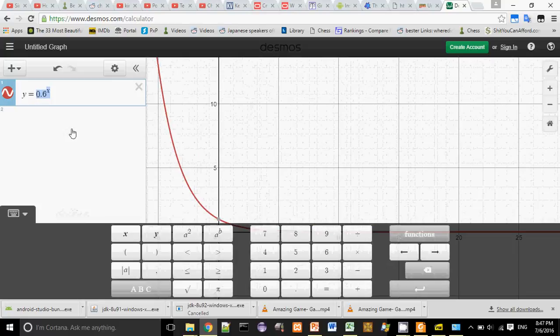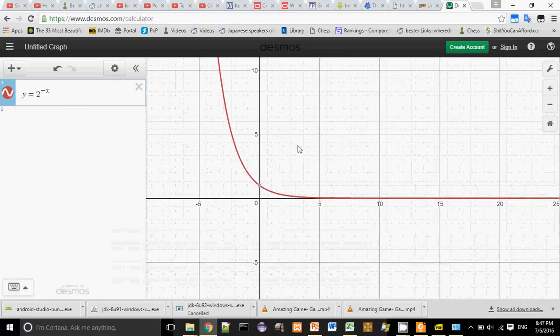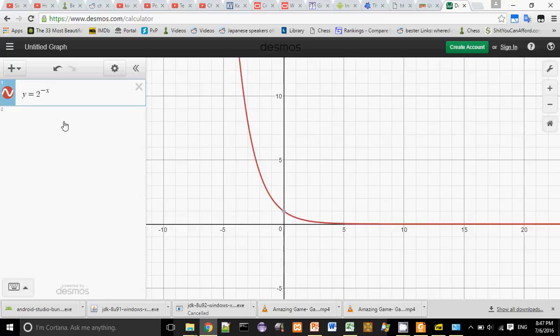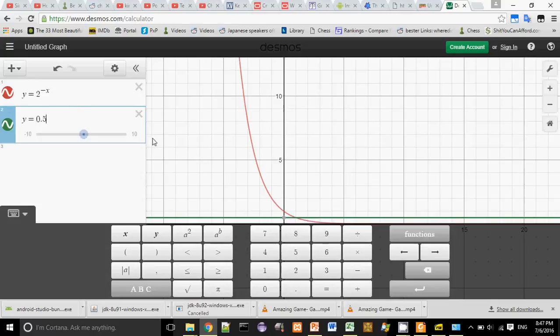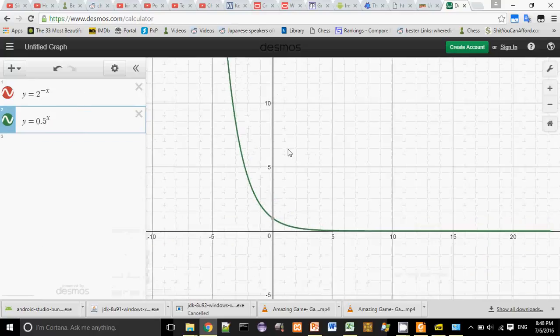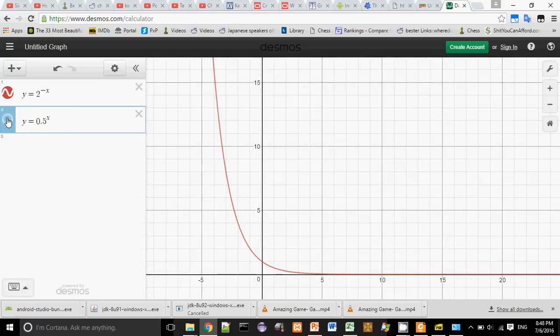This also works even if you have a negative power. 2 to the power of minus x. Minus basically means instead of times, divide. So that's why it's the opposite. What's 1 divided by 2? That's a half, right? If I do 0.5 to the power of x, you notice those are exactly the same. They're on top of each other. It's the same thing. Alright, I'll leave it there for now.